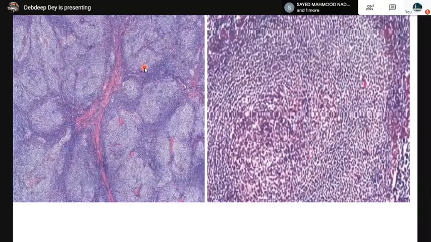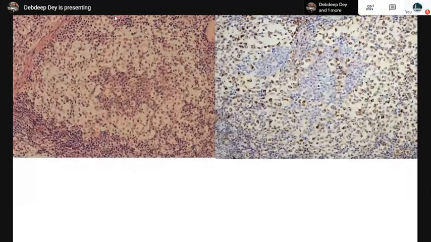So this is again a lymph node in which you can see very nice follicular pattern, and at this power they are looking very pale. What you see is a very atretic germinal center surrounded by this expansion of the marginal zone, which are cells with clear cytoplasm.